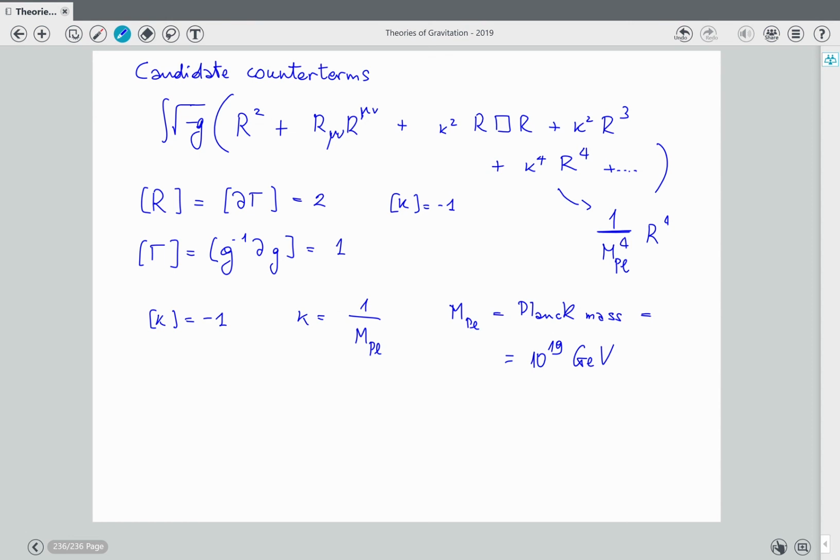Okay, this action has infinitely many terms, fine. That doesn't mean we cannot say anything about its properties or its predictions. At low energies, for example, those infinitely many terms don't matter at all. So the theory is predictive at low energies. Is it possible to say some other things? And yes, it's possible.